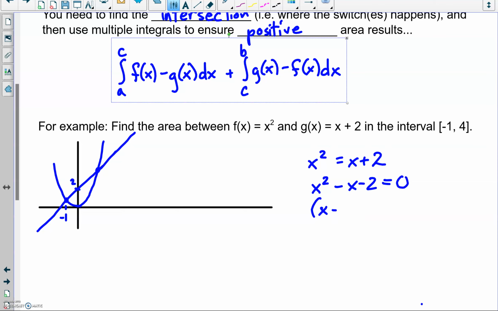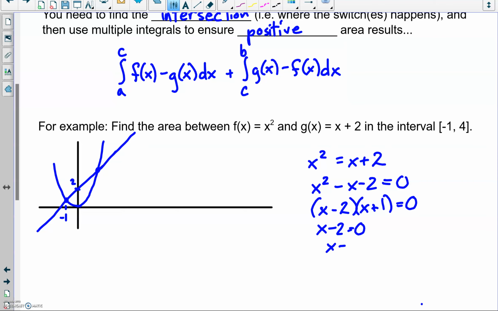You might have to use a different solving technique, but this becomes x minus 2 times x plus 1, and then you get x minus 2 equals 0, giving you x equals 2, so that's that second place. And we also get, just to finish this out, x equals -1, so that was the one on the left there. So right here, the other place it crosses is at 2. Both of them will give you a result of 4.